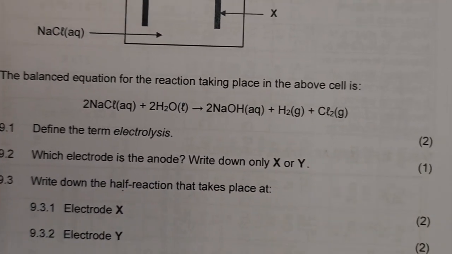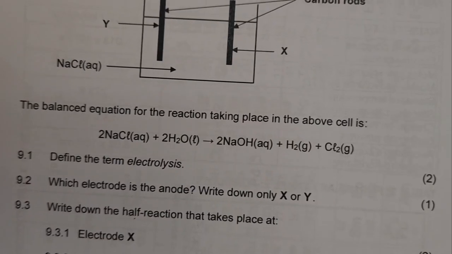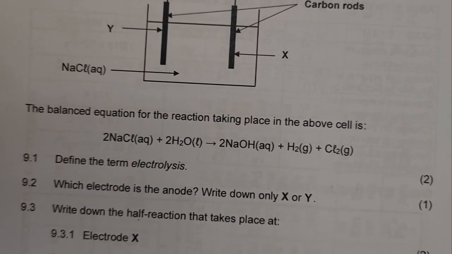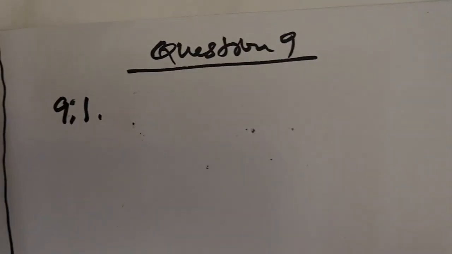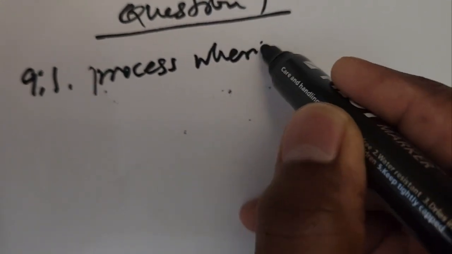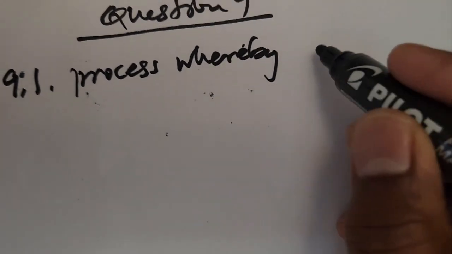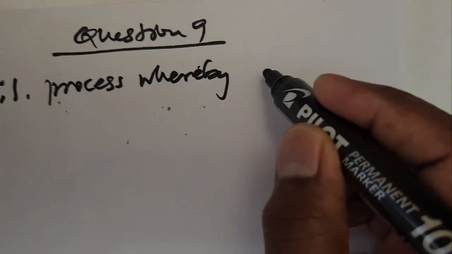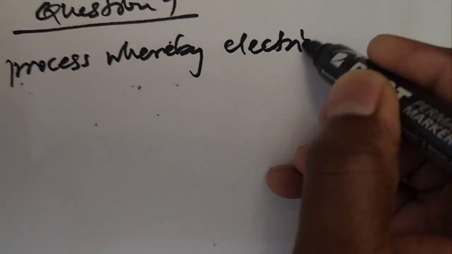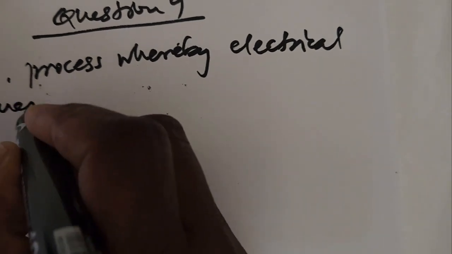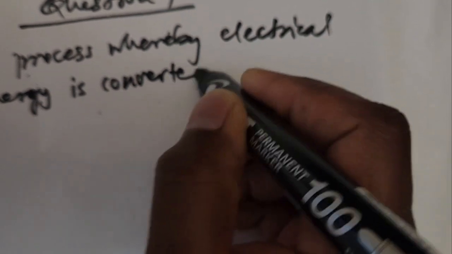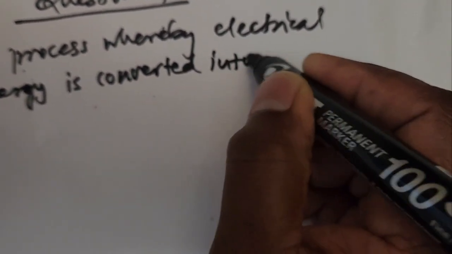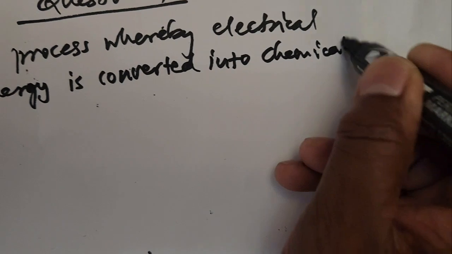Define the term electrolysis. Remember, there's a difference between electrolysis, an electrolyte, and electrolytic reactions. I hope you know the difference between the 3. Electrolysis is a process whereby electrical energy is converted into chemical energy.